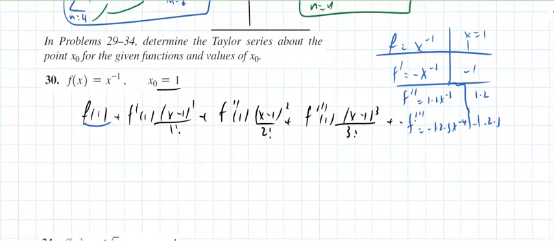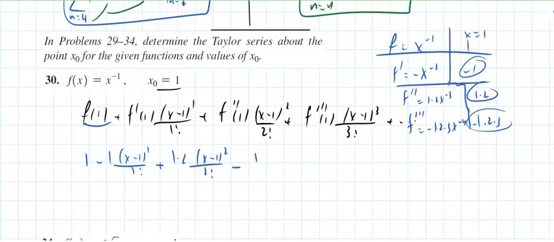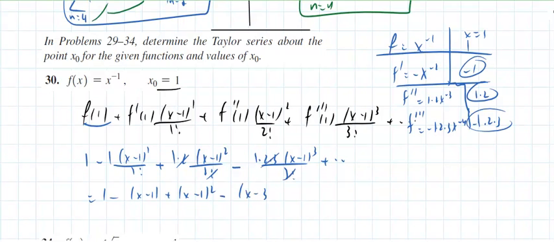So this is f of 1, which is 1, plus negative 1 times (x minus 1) to the 1 over 1 factorial, plus 1 times 2 times (x minus 1) squared over 2 factorial, minus 1 times 2 times 3, and that is 1 minus (x minus 1) plus (x minus 1) squared minus (x minus 1) cubed.